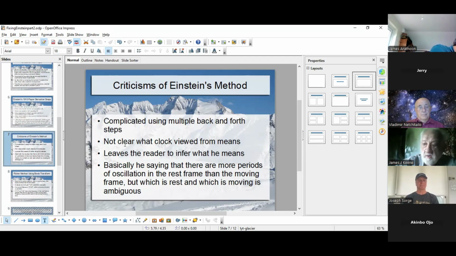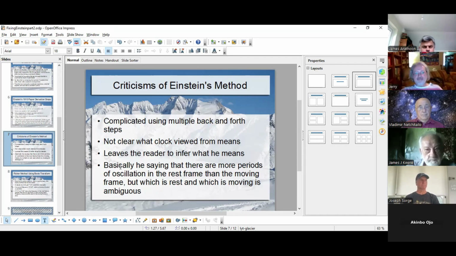Then he makes the statement, the clock in the moving frame as viewed from the rest frame. What does that mean? The moving clock viewed from the rest frame. It's not clear what that means, so that leads to later confusion.